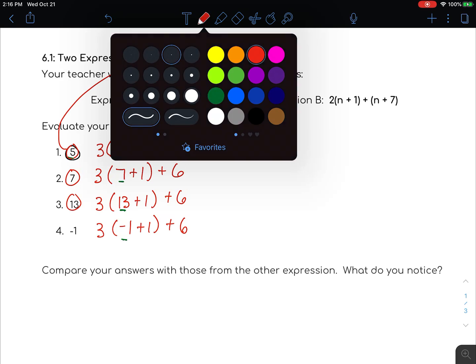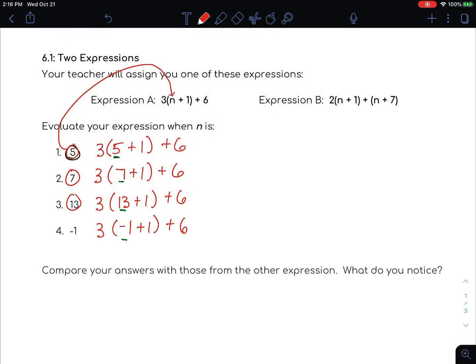So now let's actually figure out what those come out to. If we were doing expression A, we have to think about the order of operations. We could type this into a calculator, but let's do it in our head. We know either PEMDAS or GEMS order of operations. We do the grouping or parentheses first, then do the multiplication, then add 6 at the end.